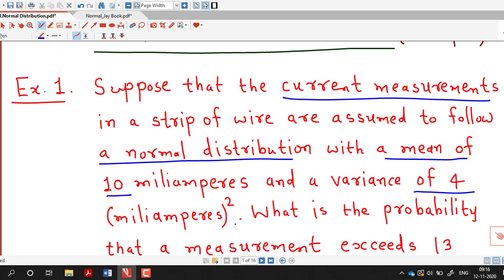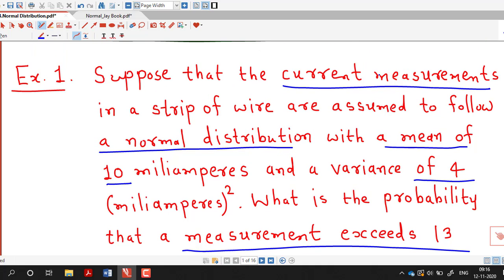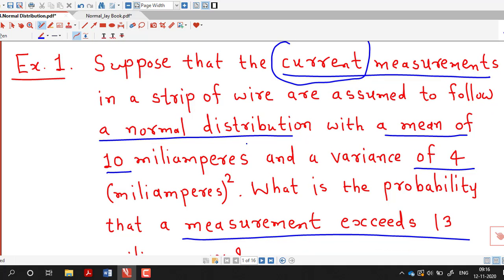So here this is the example of normal probability distribution. It is given that these current measurements in a strip of wire follow a normal distribution. So the variable under consideration is nothing but current measurement.